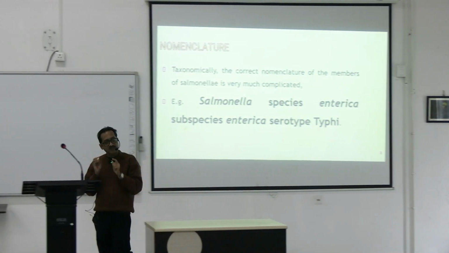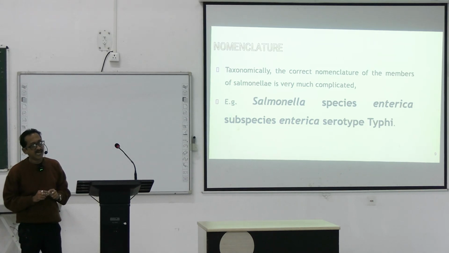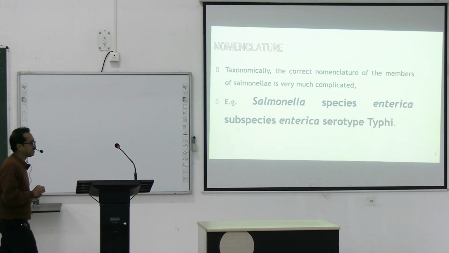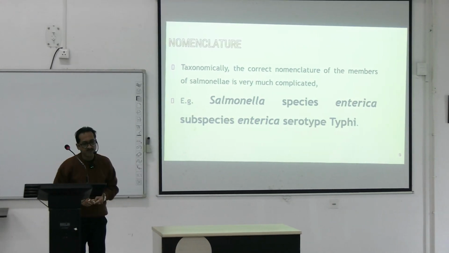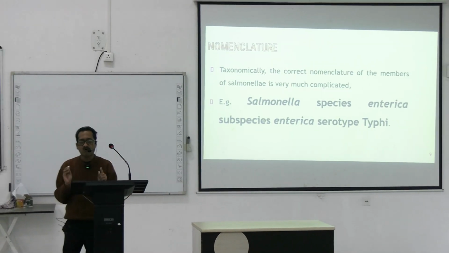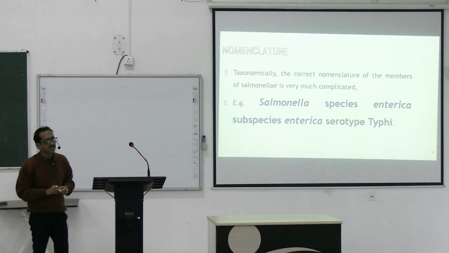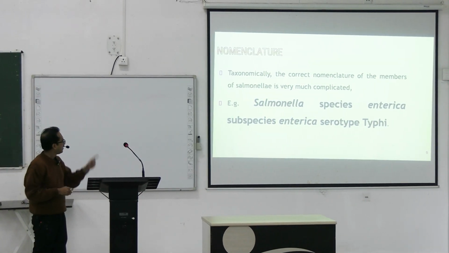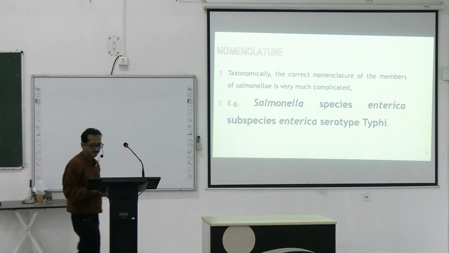So, typhi is not a species, it is a serotype. That's why T is written as capital. This is a question sometimes asked, and the answer is serotype typhi. So, this is the full name of Salmonella. What we usually mention as Salmonella typhi is Salmonella enterica, subspecies enterica, serotype typhi. That is the full name.